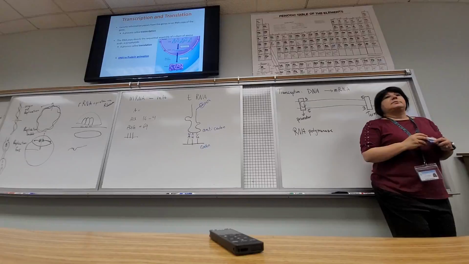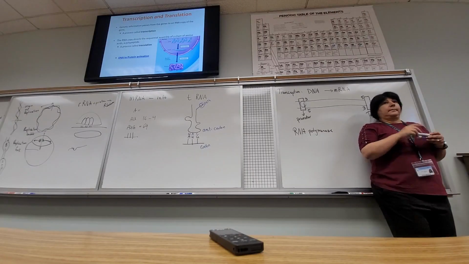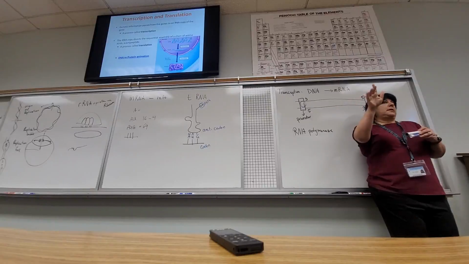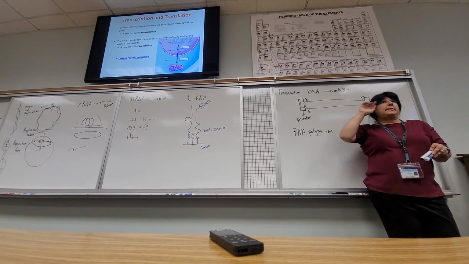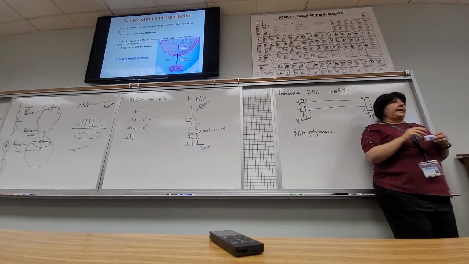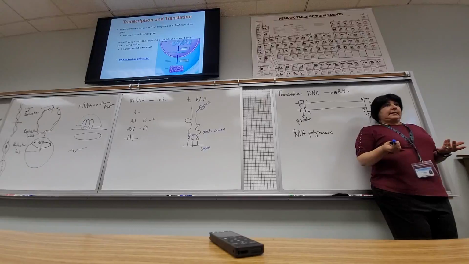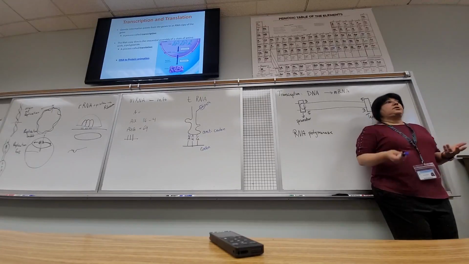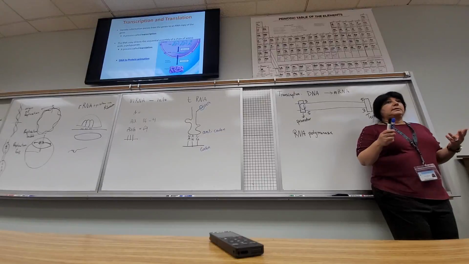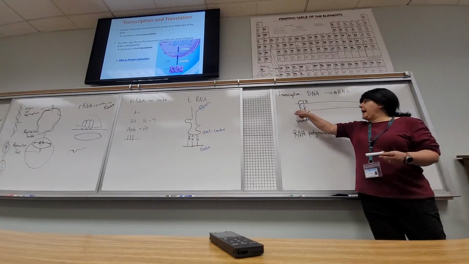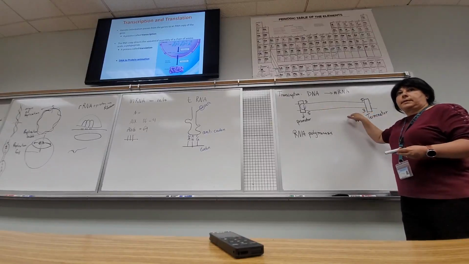Rules of DNA: how do you read DNA? 3' to 5'. Don't say right to left, say 3' to 5', because depending on how I labeled this, it could be different. RNA polymerase is not insane. It already has way too much to do. So when it starts, it says, all right, I have to go from P to T, promoter to terminator.